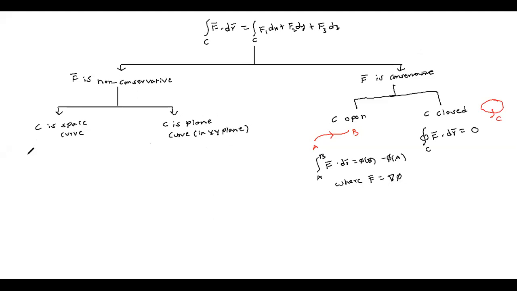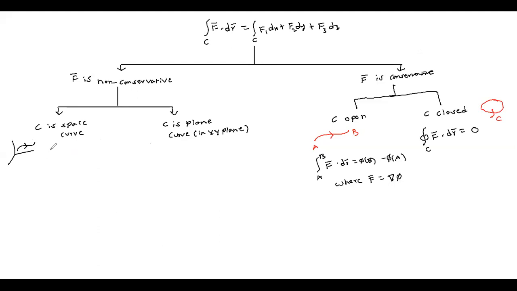If this is a space curve, what is the parametric representation of the space curve? The parametric representation is r bar equals x of t i bar plus y of t j bar plus z of t k bar.